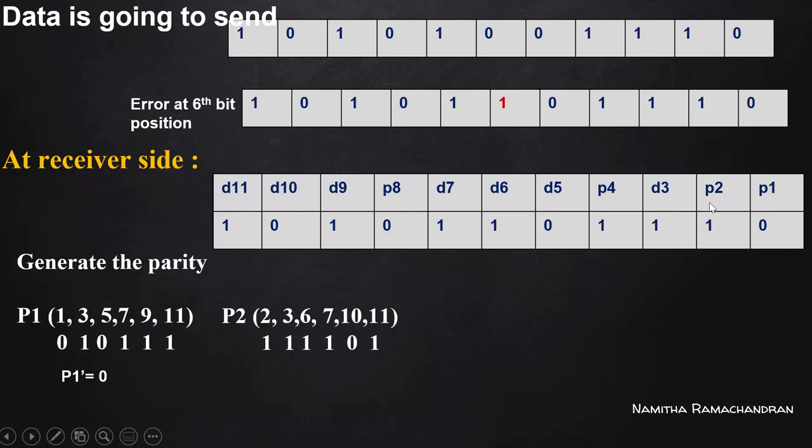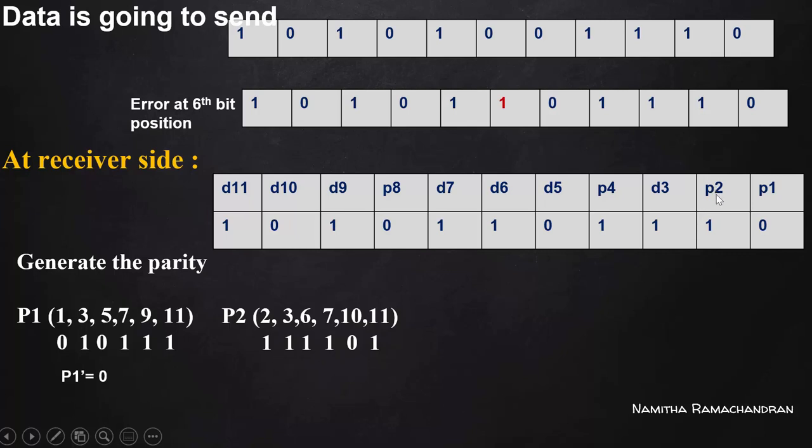Now for P2 dash, which positions do we need to consider? All the positions whose binary representation contains a 1 in its second least significant bit position. Such positions are 2, 3, 6, 7, 10 and 11. So these are the positions we need to consider for setting P2 dash.